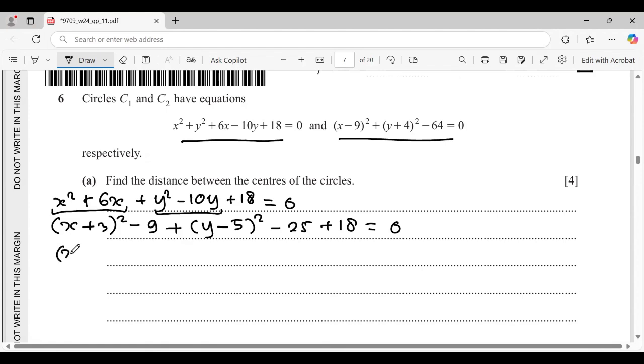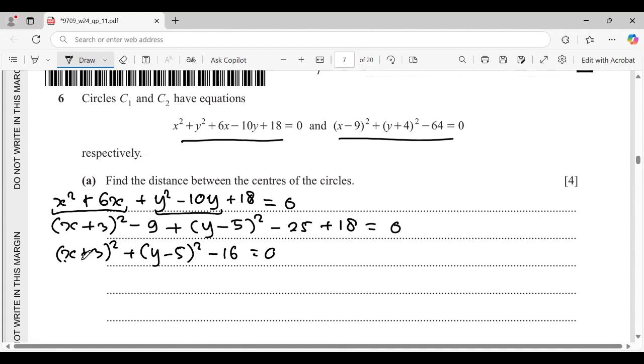After that, (x plus 3) squared plus (y minus 5) squared, minus 16 equals 0, because 18 minus 9 minus 25 is minus 16. Right.